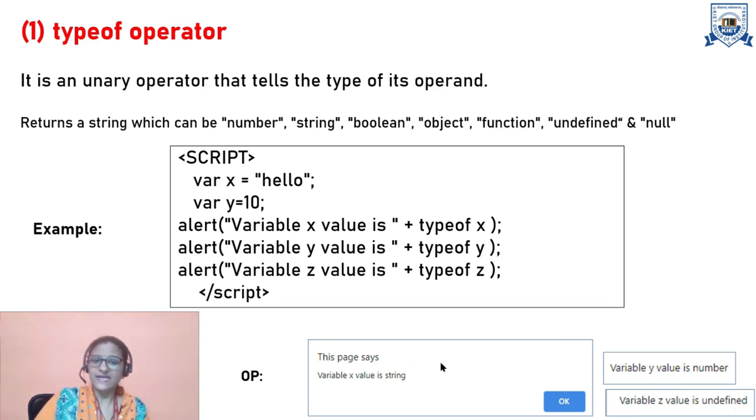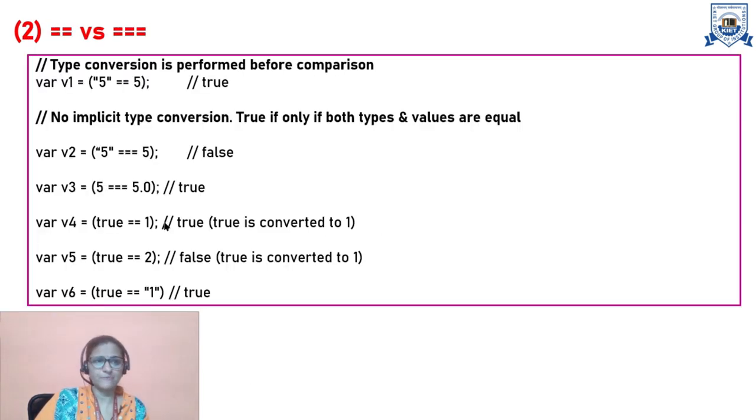And then Z. For typeof Z, as there is no declaration for Z, it creates itself, but there is no value. So it shows that though the variable Z has been created, it has no value, so the type is undefined.